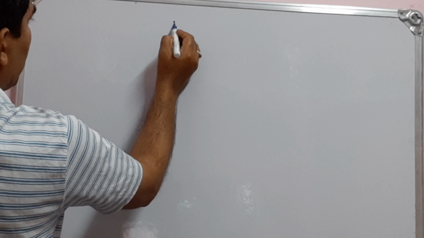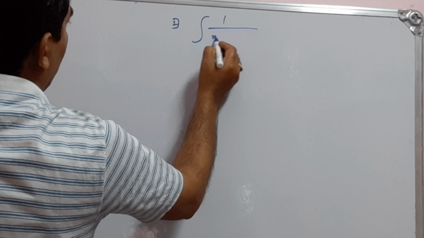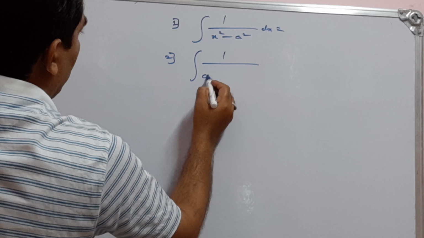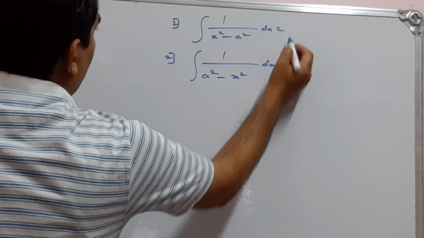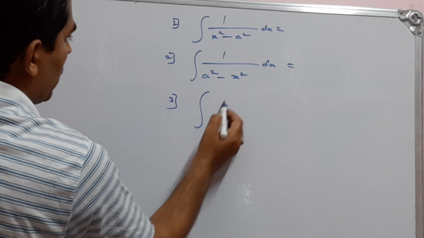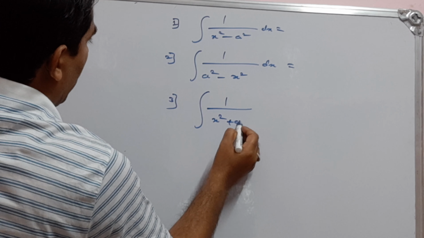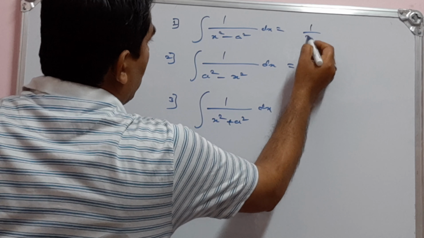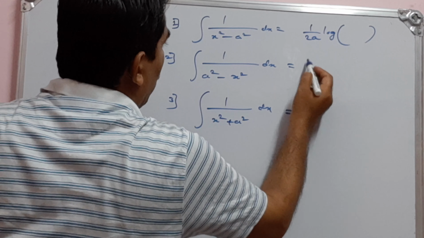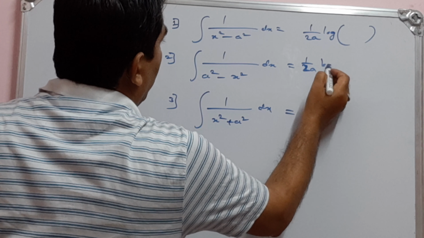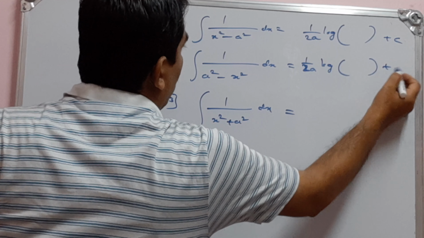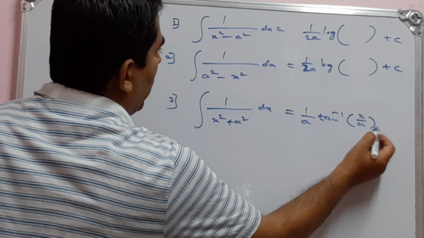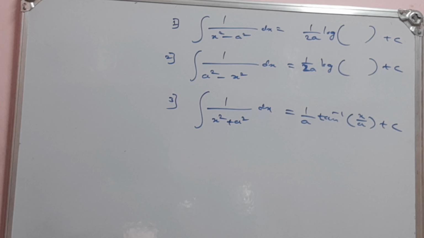Integration of 1 by x square minus a square. Second one is integration of 1 by a square minus x square. Then the third result is integration of 1 by x square plus a square. These 3 results. Those two are very, very important. Just proved here, 1 by a into tan inverse of x by a plus c. This is the third one, just we have proved it.